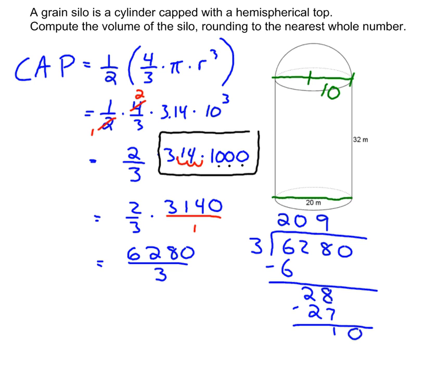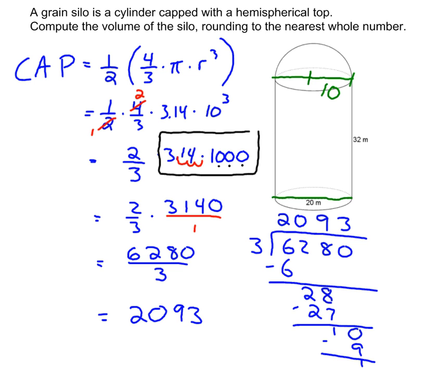Now 3 goes into 10 3 times. 3 times 3 is 9. We subtract, and we get a remainder of 1. Now we're rounding this to the nearest whole number, so this remainder of 1 we don't need to include. This says the volume of the cap is 2,093 cubic meters.